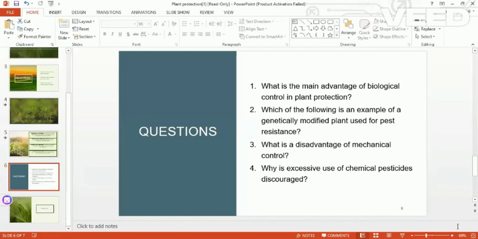Yes, very good. Number 3, what is a disadvantage of mechanical control? Miss, I think a disadvantage of mechanical control is that it can be very labor intensive and very time consuming.